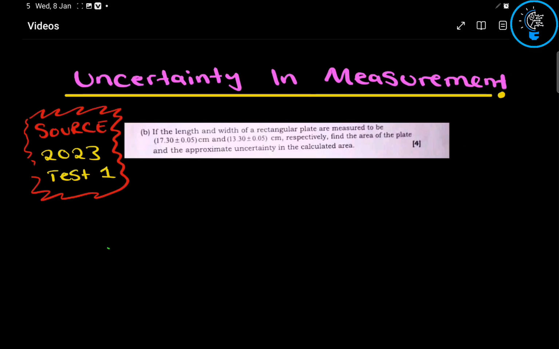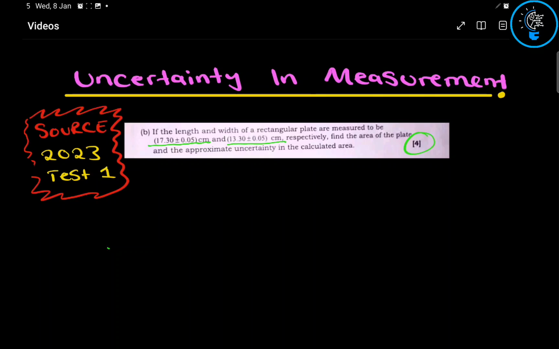It was under question 1, by the way, and it came with 4 marks. The question reads, if the length and the width of a triangular plate are measured to be this many centimeters and that many centimeters respectively, find the area of the plate and the approximate uncertainty in the calculated area.